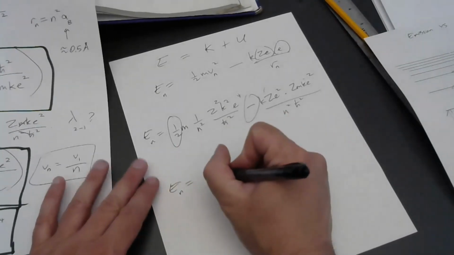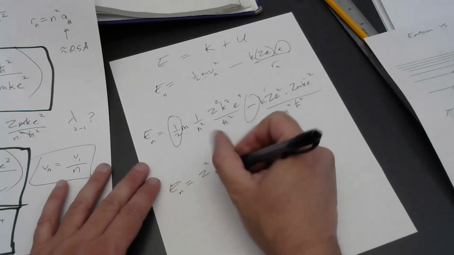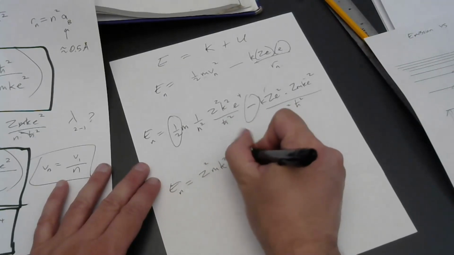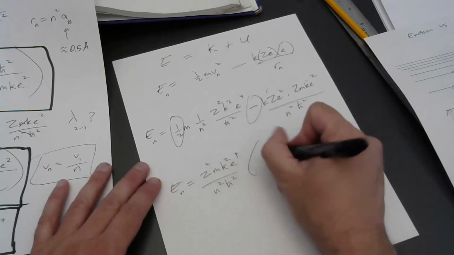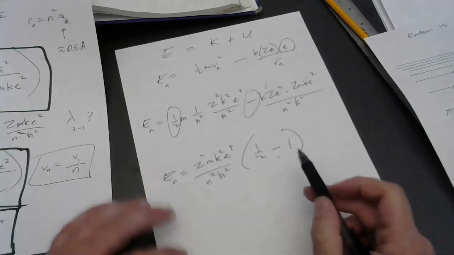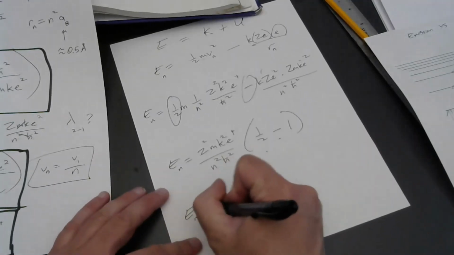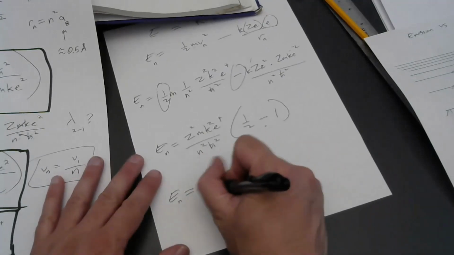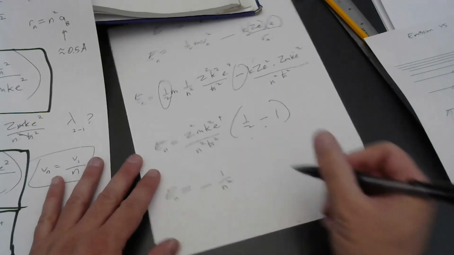So let me put it all together now. Z squared, I'm changing the order slightly, m k squared e to the 4th over n squared h bar squared, times 1/2 minus 1. Well, of course, 1/2 minus 1 is -1/2. And now I'll say E sub n is -1 over n squared.